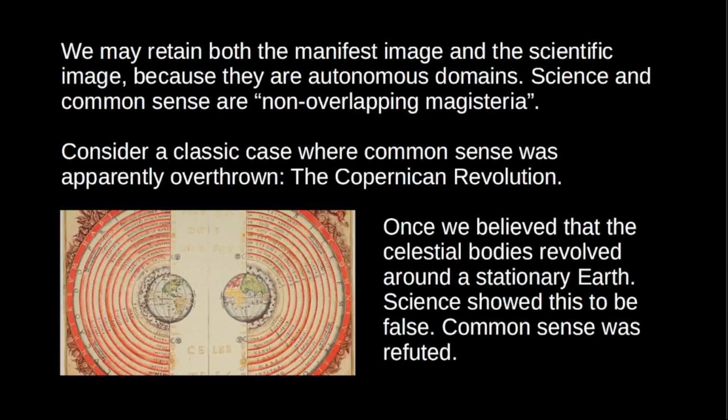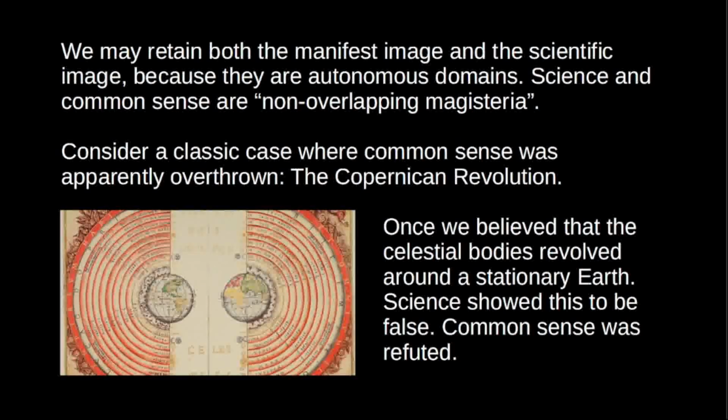Okay, so a third response affirms the autonomy of both the manifest image and the scientific image. On this response, we retain both the manifest image and the scientific image, and we treat them as autonomous domains. So I suppose we deny that either the scientific image or the manifest image provides a complete picture of the world.